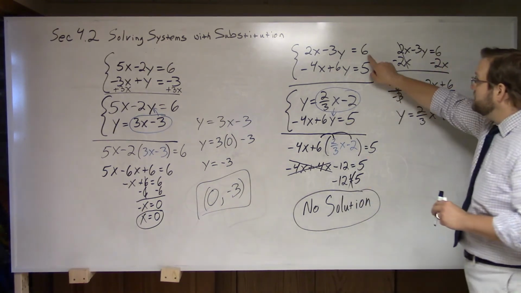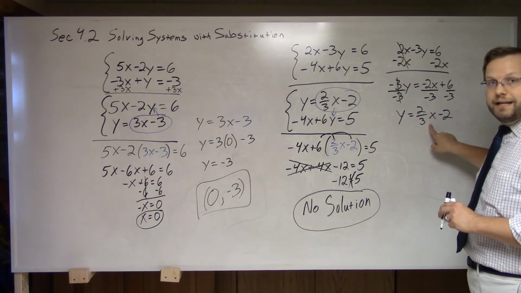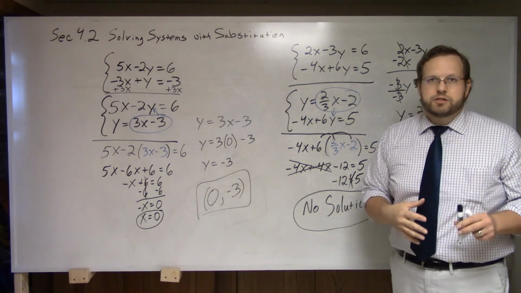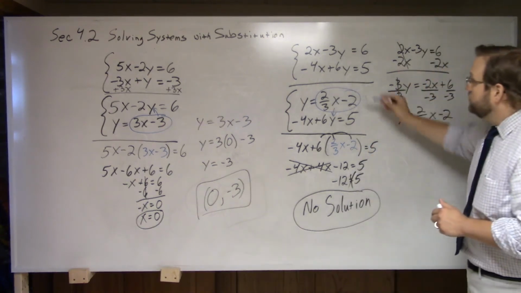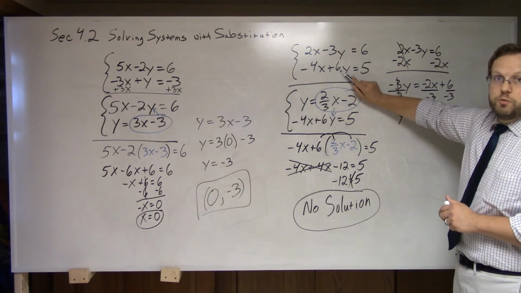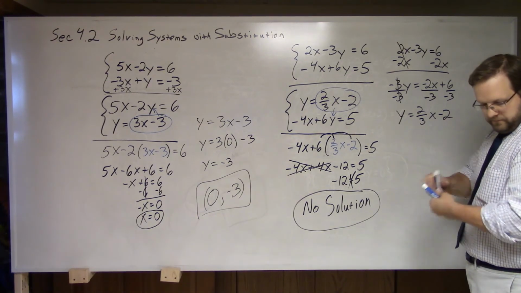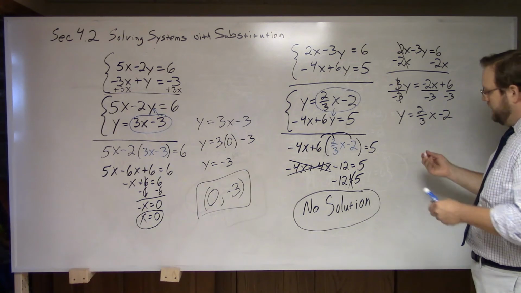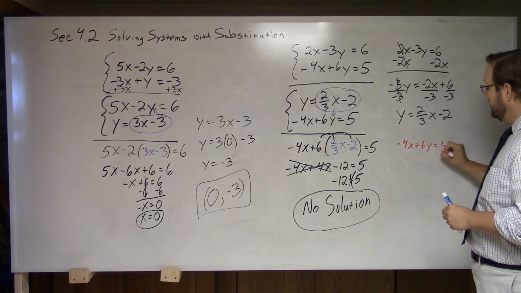Because now this first equation is in slope-intercept form. I don't then have to say, well, I solve for x, now I got to get in slope-intercept form to find the slope. It's already there. So what I'm going to do is solve this one for slope-intercept form. I'm going to go right here and use a different color. And we have negative 4x plus 6y equals 5.